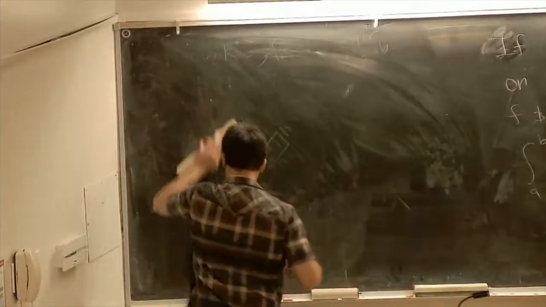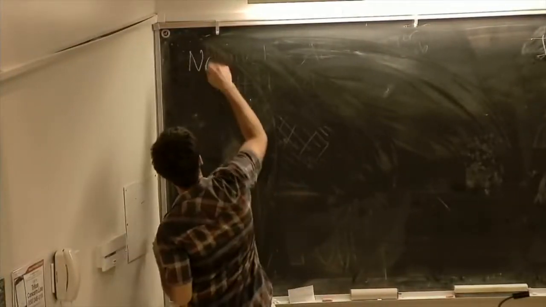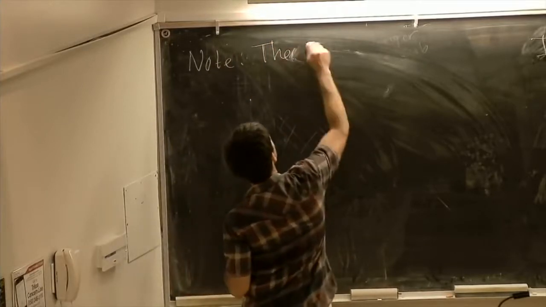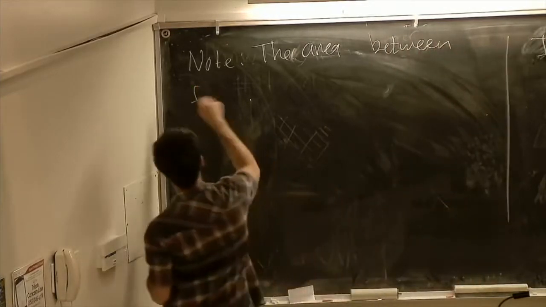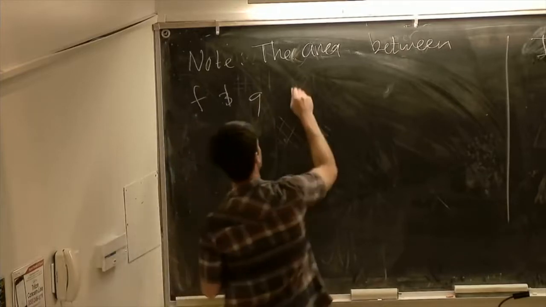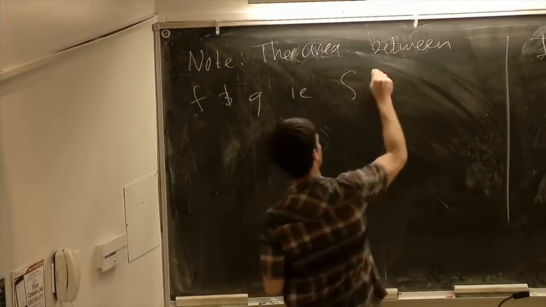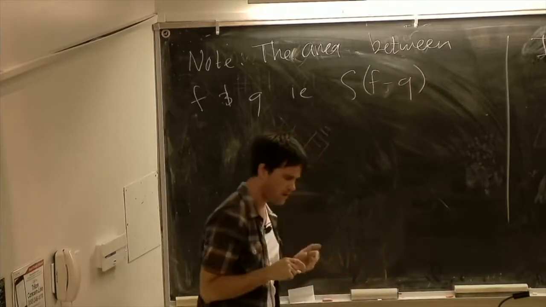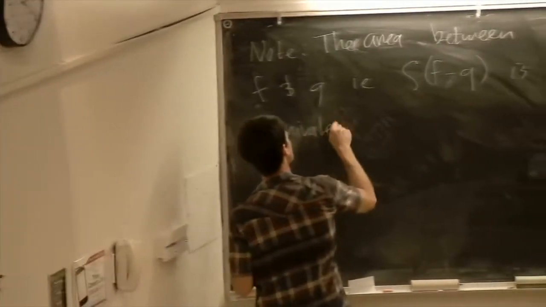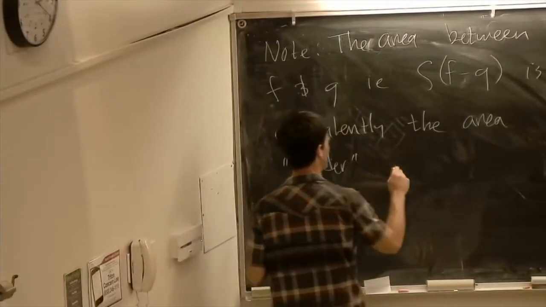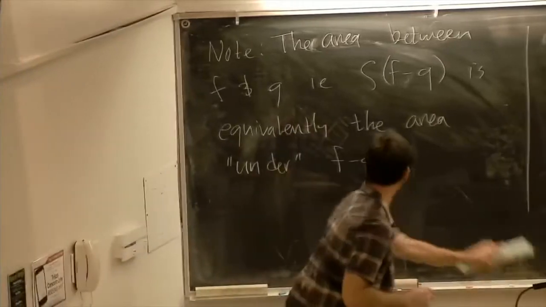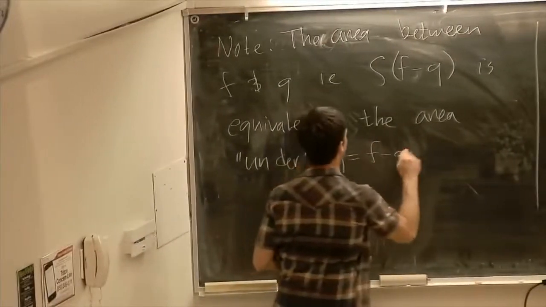In fact, it's probably worth pointing out that the area between f and g, i.e. the integral of f minus g, is equivalently the area under y equals f minus g.